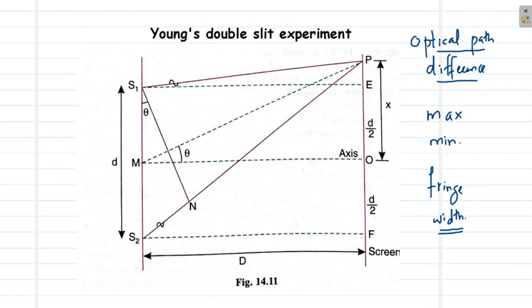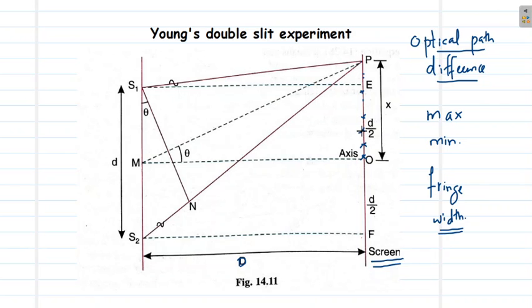Now, if we want to find the different conditions that we get on this screen that is placed here, this is the screen. This screen is at a distance d from the sources. Depending on different positions on the screen, its distance from the sources, we will have brightness or darkness at different points.